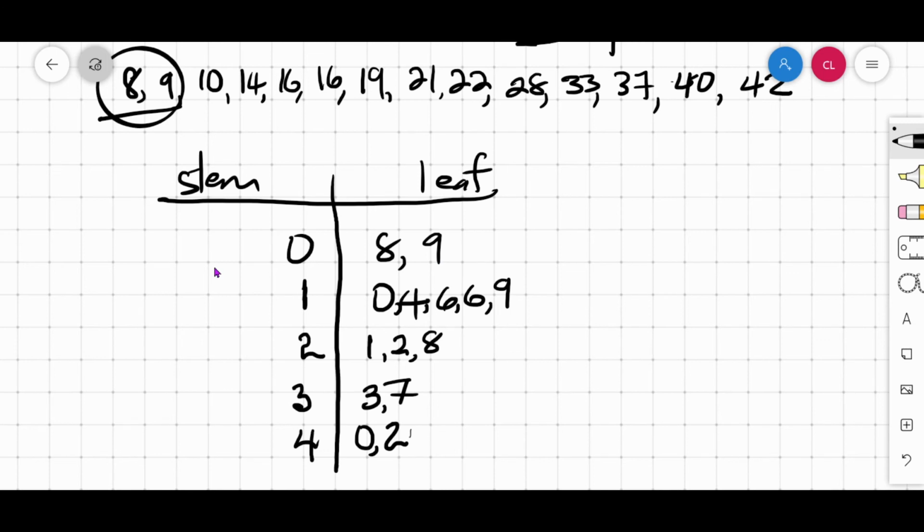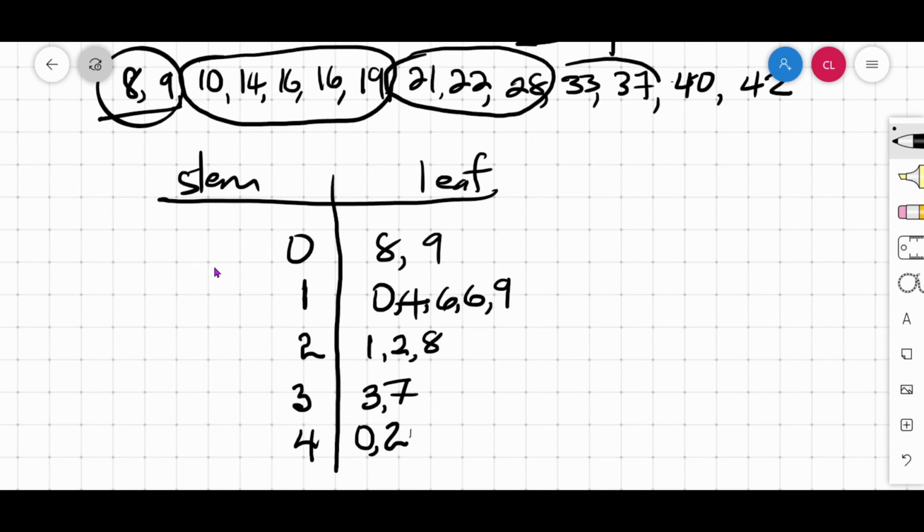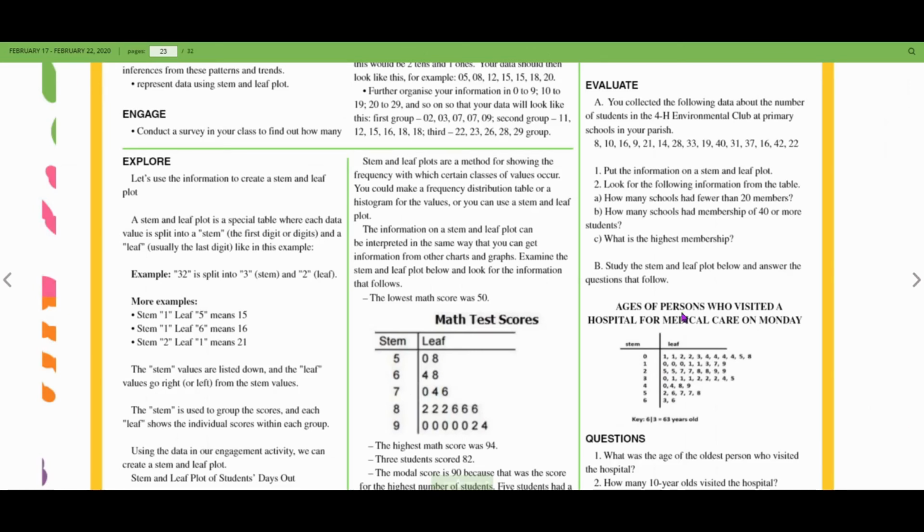The second band of numbers would be from 10 to 19. The third band would be from 20 to 29. The next band is for the 30s, and this band would be for the 40s. Okay, so that's clear. So they say here, put the information in the stem and leaf plot.